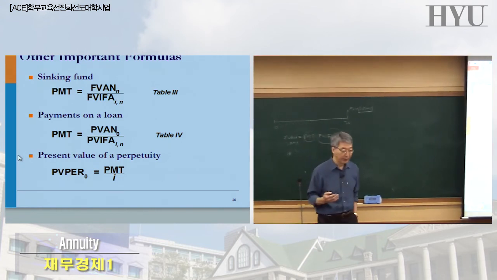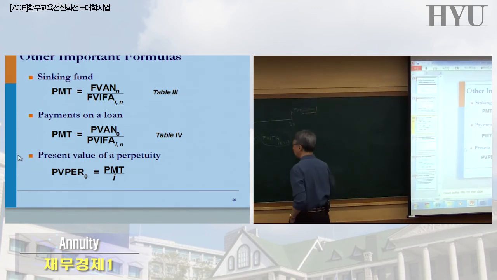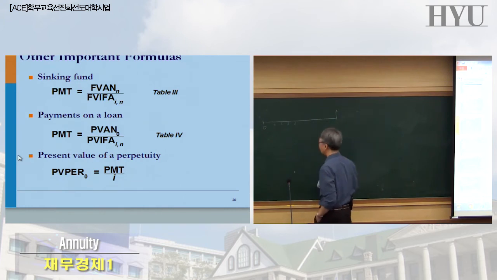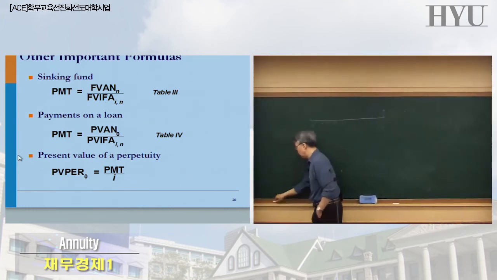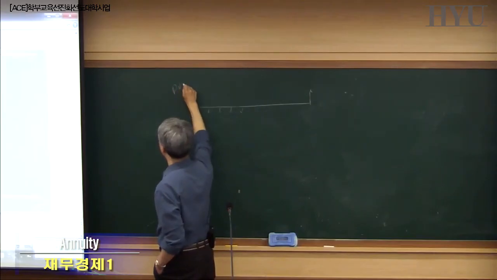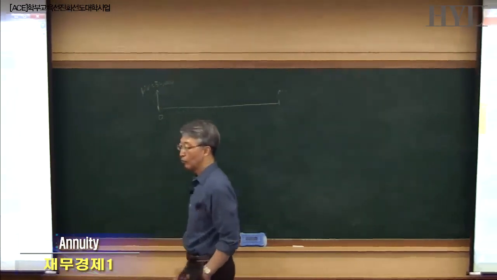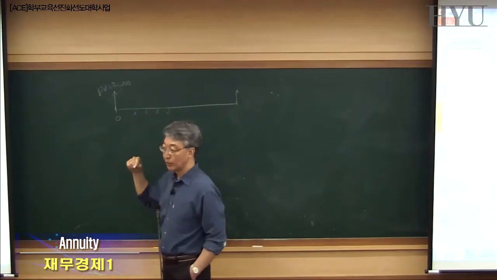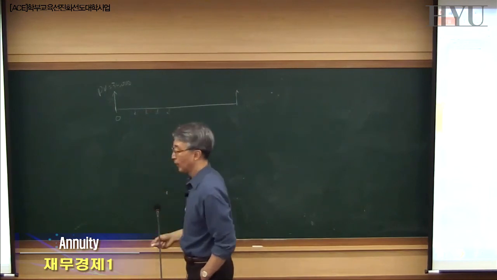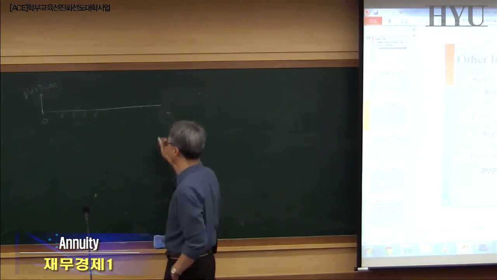And how would you set this up? In that case, you know the present value. Present value is 30,000. It's a cash inflow because you are borrowing. The money is coming into your pocket. And then every month you have to pay back. So let's say you're trying to obtain a 48-month, 4-year loan.